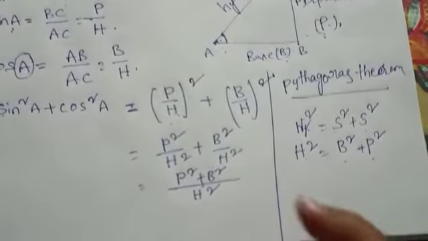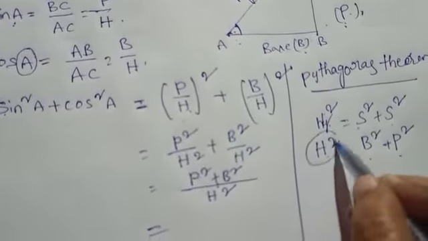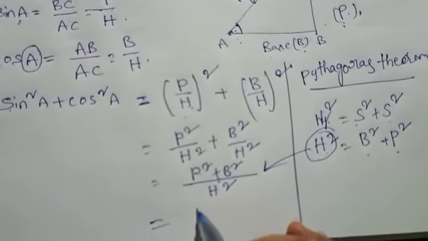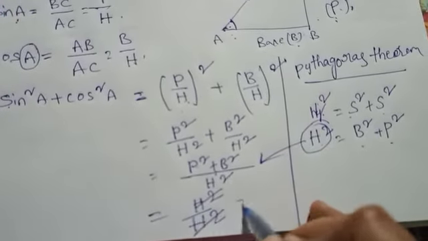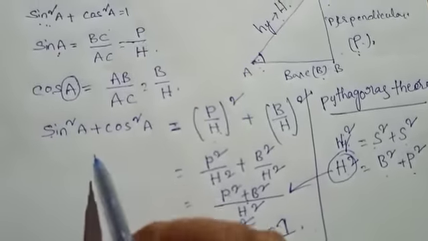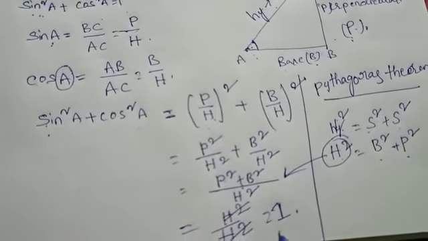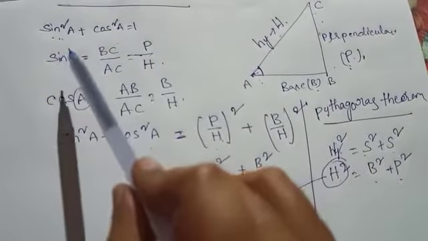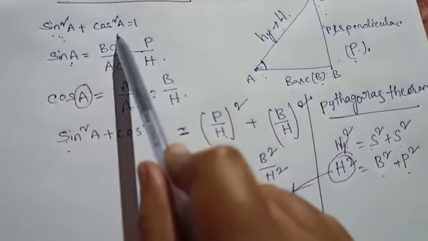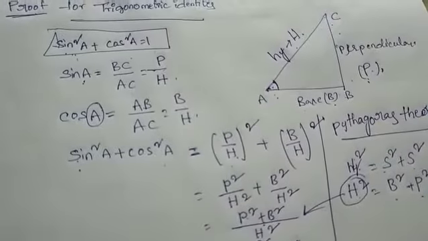Here, P square plus B square equals H square, so H square by H square equals 1. Sin square plus cos square equals 1. Hence we have proved sin square A plus cos square A equal to 1. This is one trigonometric identity.